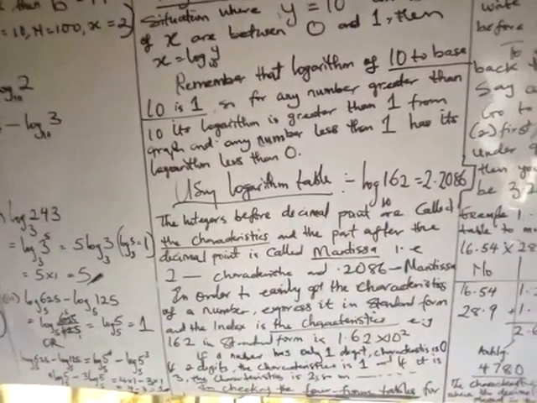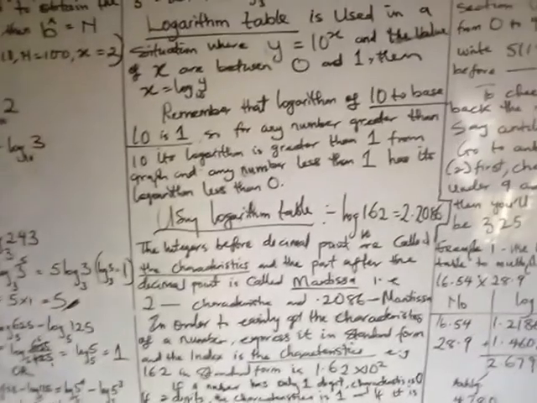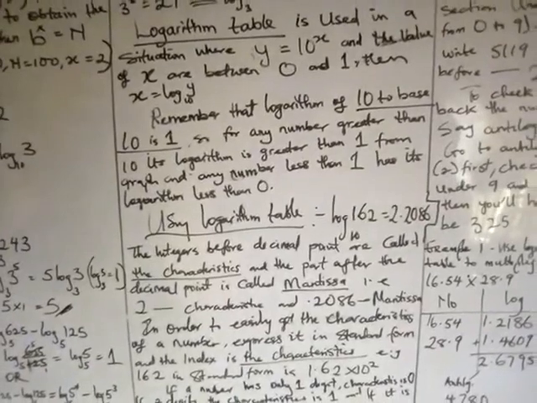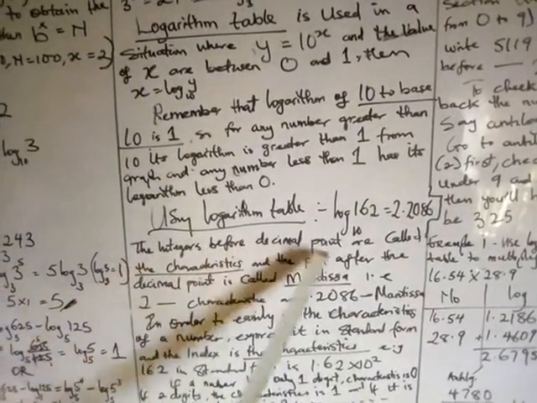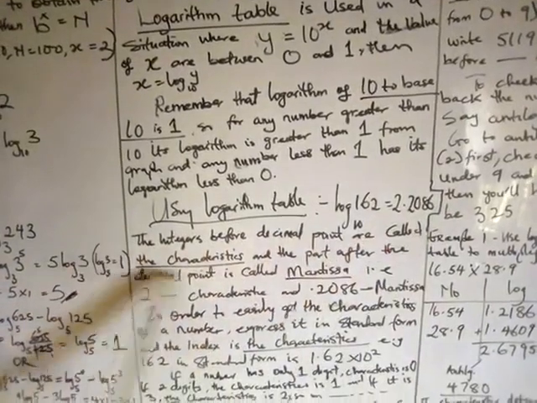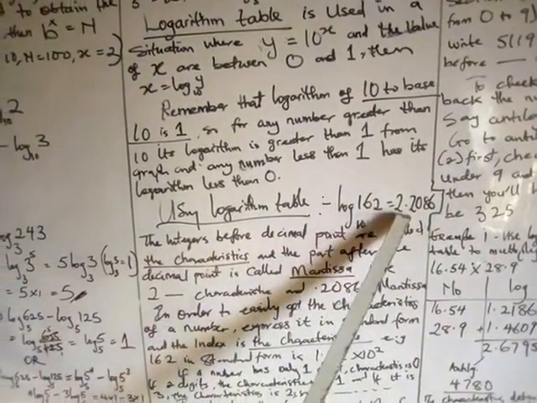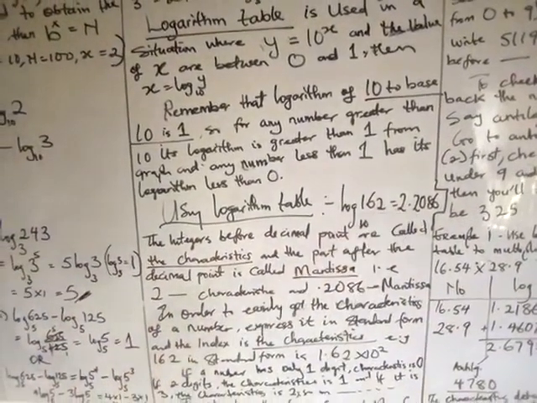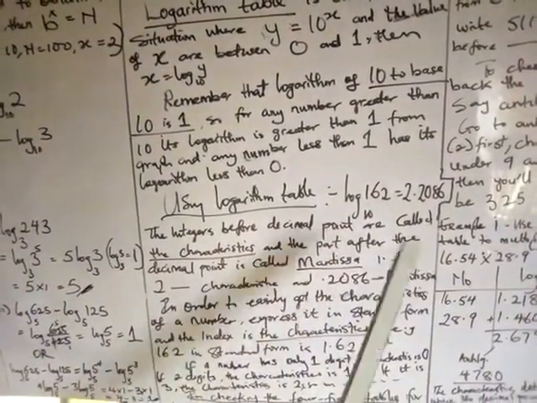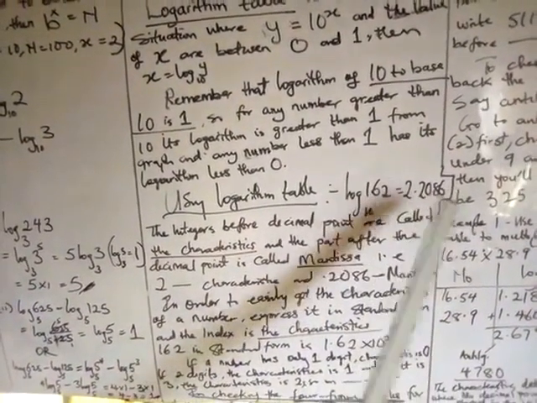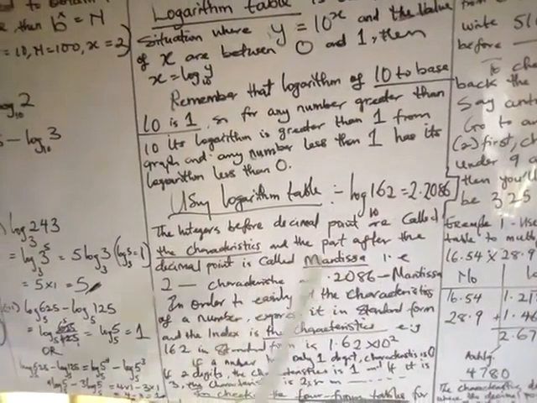Number 1, we have one that is called the characteristic. We have another part that is called the mantissa. So the integer before the decimal point is called the characteristic. And the other part, which is after the decimal point, which is 2086, is called the mantissa.